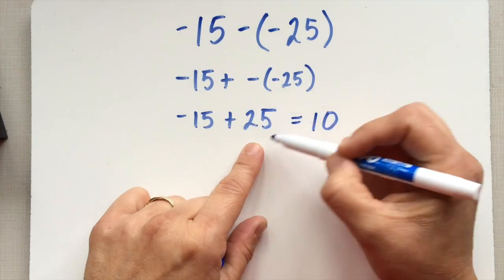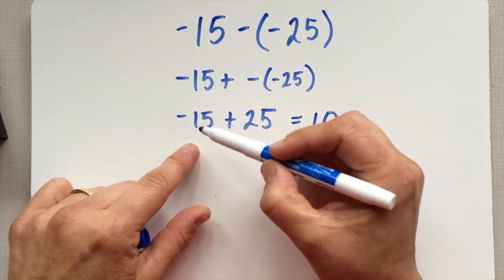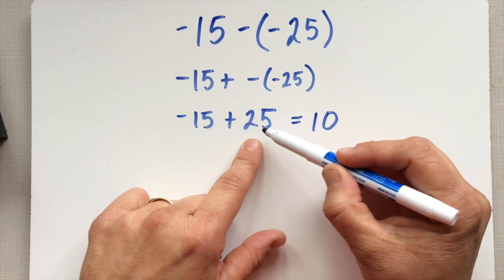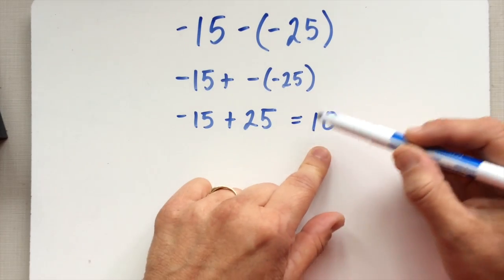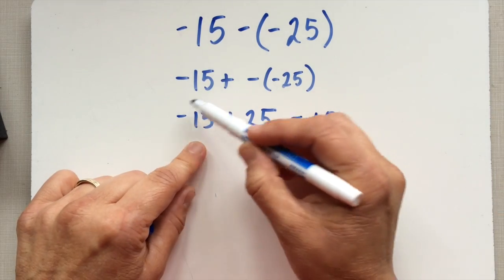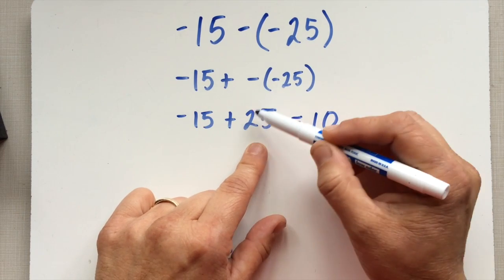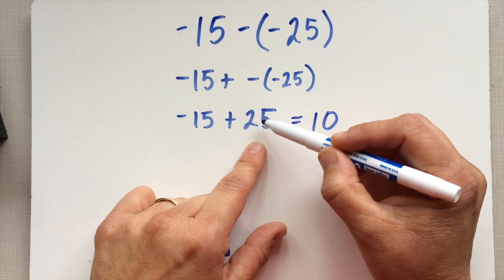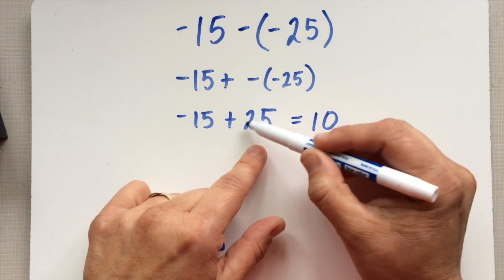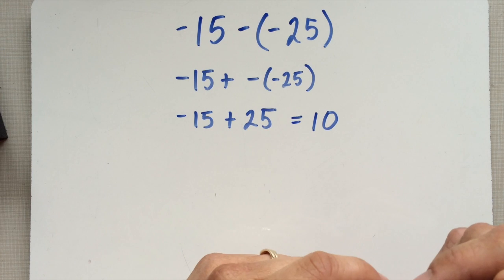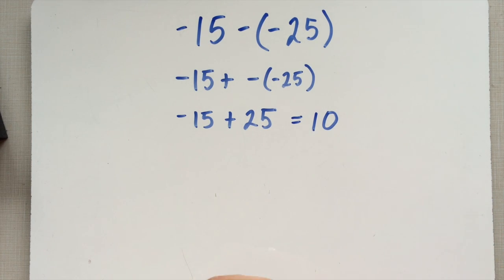So I can see I've got 25 positive ones, I've got 15 negative ones, I've got more positive than negative, so my answer is going to be positive. These 15 red tiles are going to take away from these 25 yellow tiles. And once I've taken 15 of these away, I'm going to have 10 yellow tiles left. How'd you do? Can we do one more?